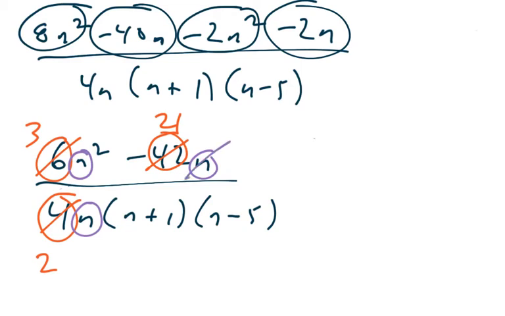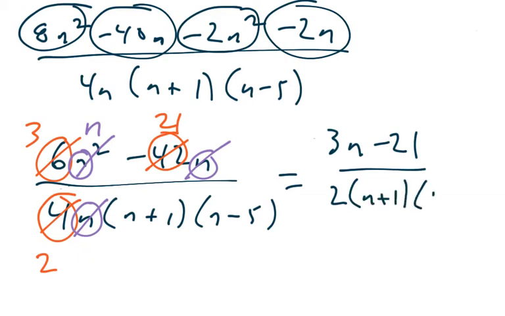So I can cross out these n's, divide by n's. N squared divided by n is 1n. So when all is said and done, guys, my answer is 3n minus 21 over 2n plus 1, n minus 5.